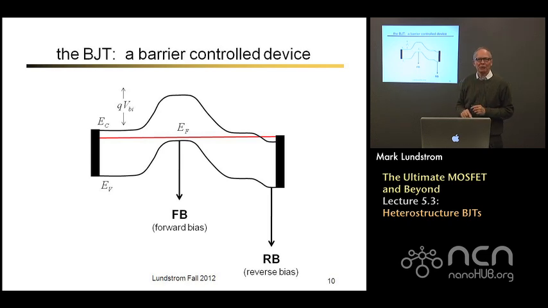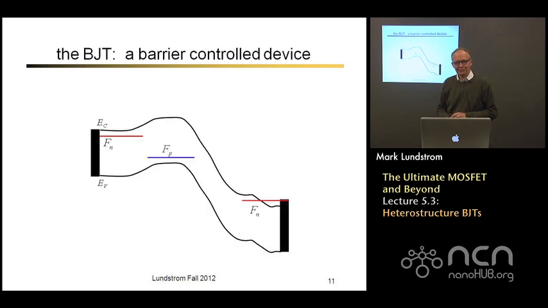So the way we operate a bipolar transistor in what's called its active region is we put a forward bias between the base and the emitter, and we put a reverse bias between the collector and the base. And we just pull those energy bands down. If you do that, this is what we get. We've pulled the barrier down in the P region, and we've pulled the bands way down in the N region because we've applied positive voltages on both sides.